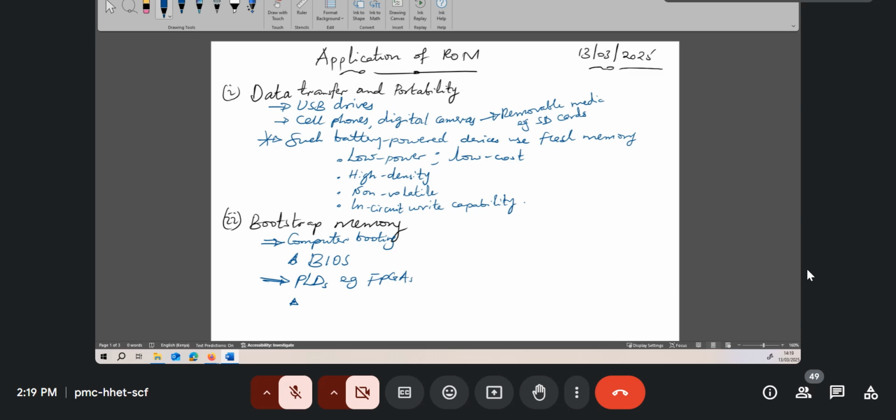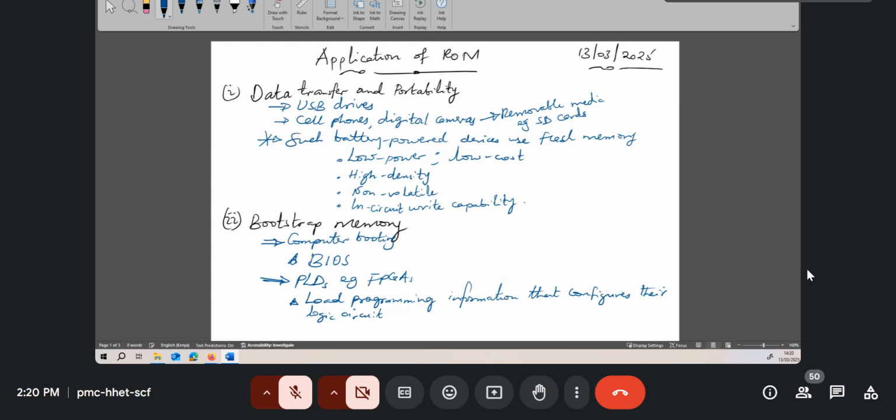We can note that FPGAs will load their programming information, which configures their logic circuit.